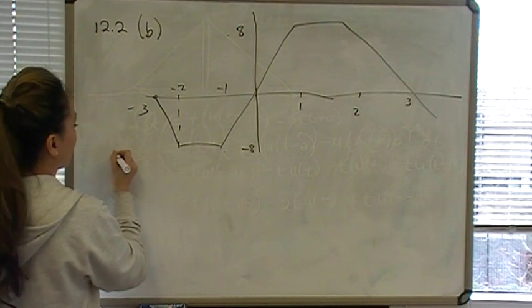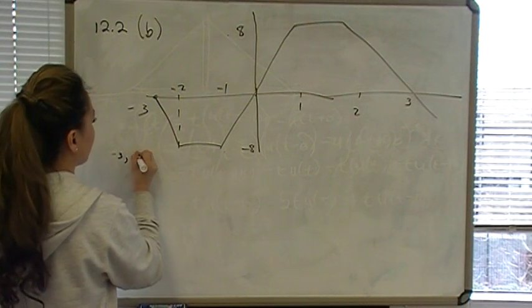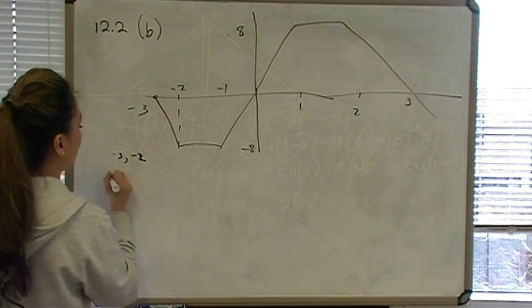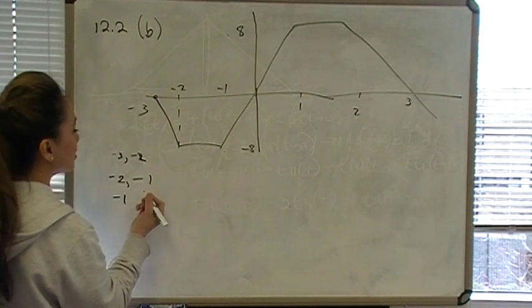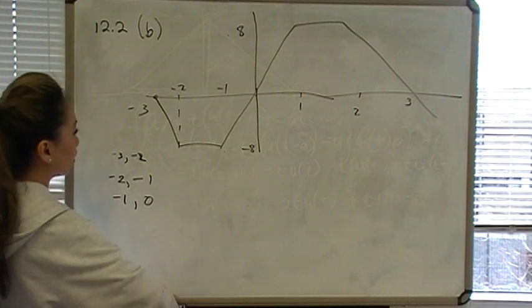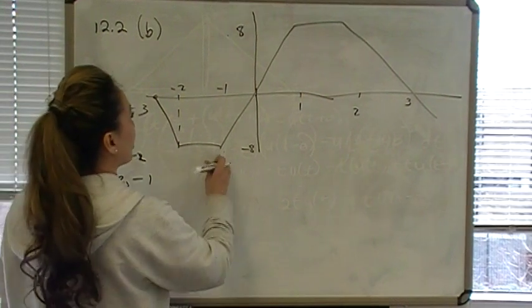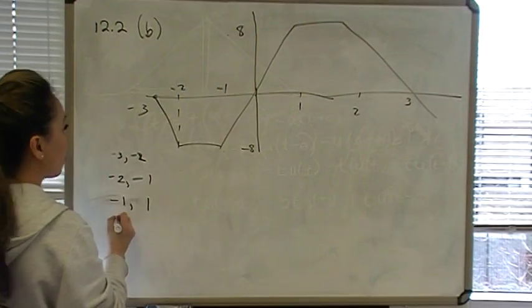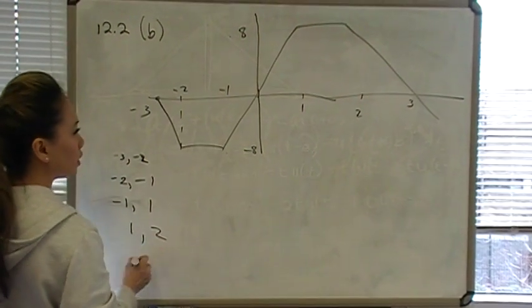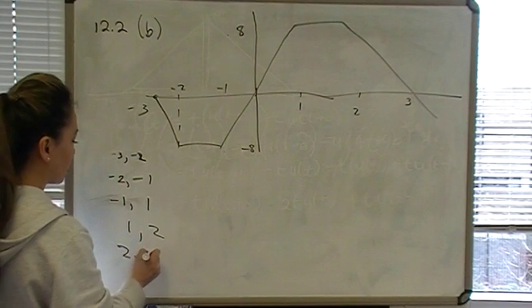So from the interval -3 to -2, we want an interval from -2 to -1, -1 to 0, from -1 to 1, and then from 1 to 2, and then from 2 to 3.